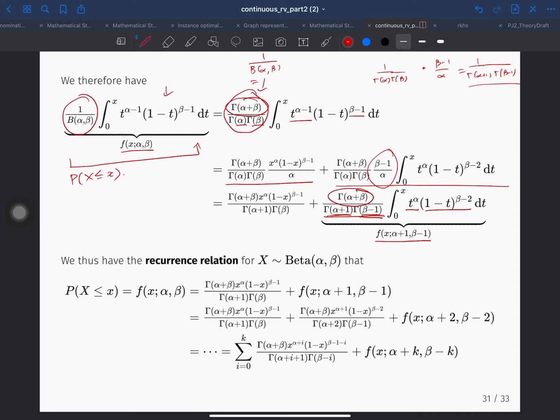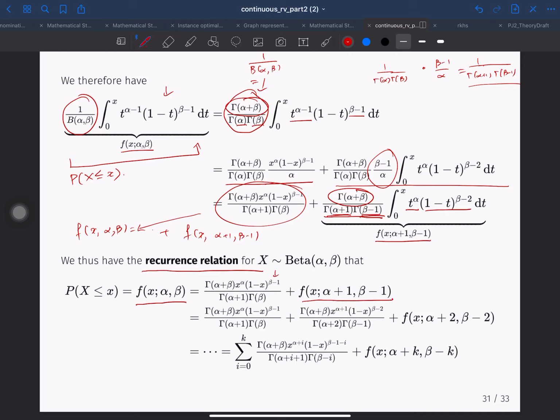And so you have that f of x, alpha, beta is now this term plus f of x, alpha plus 1, beta minus 1. So we have this recurrence relationship: f of x, alpha, beta equals f of x, alpha plus 1, beta minus 1, plus this term.